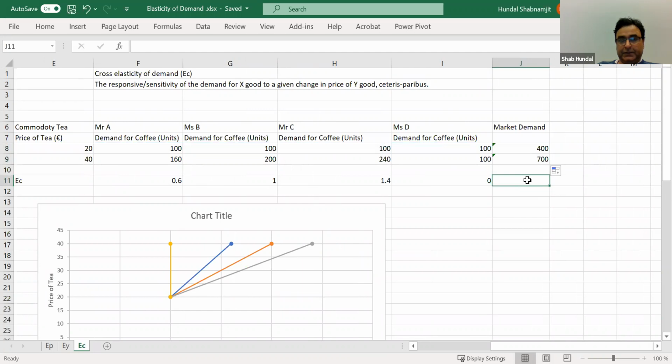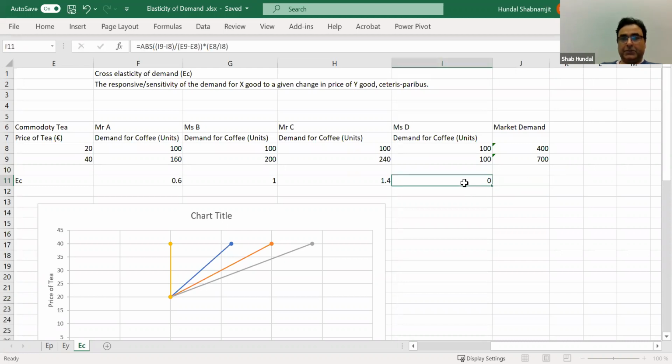And then we can see the overall reaction of the market. So if you are a seller of coffee, then you can see how much the overall market reacts.